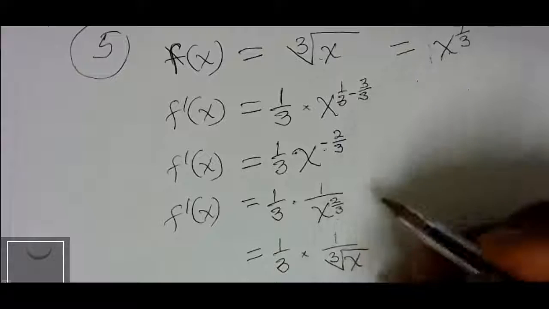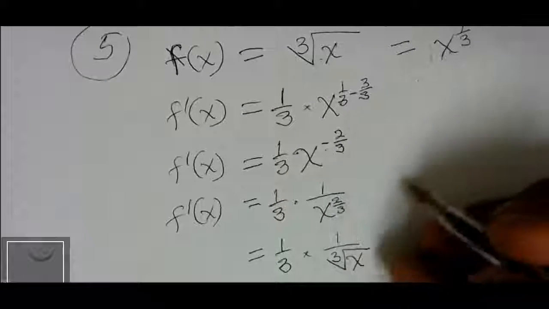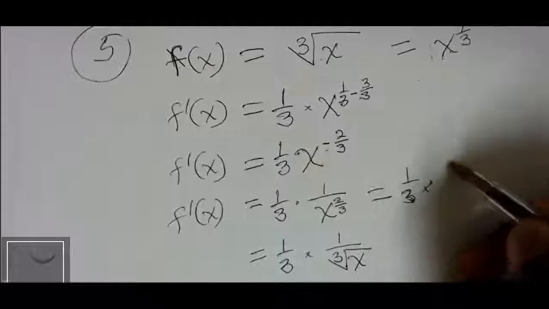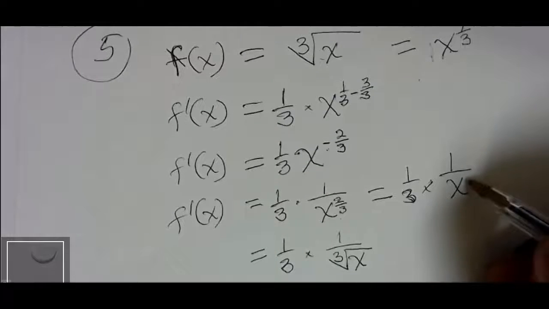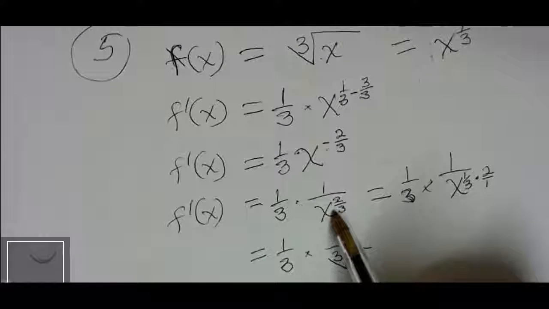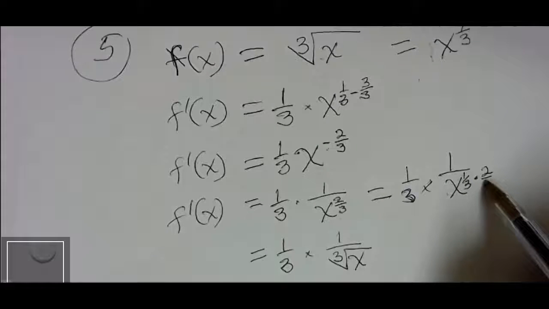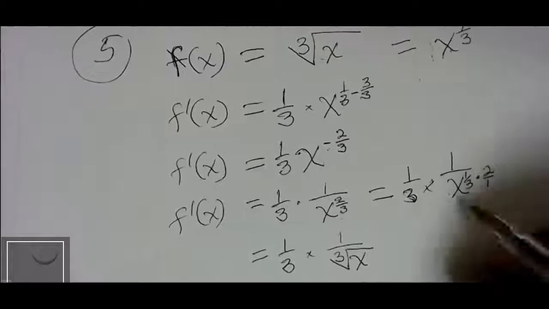We can split the exponent 2/3 so that we get the cube root with the square, still squared.